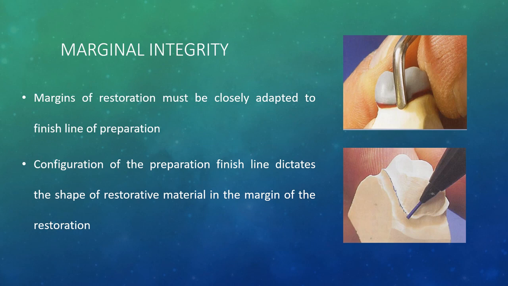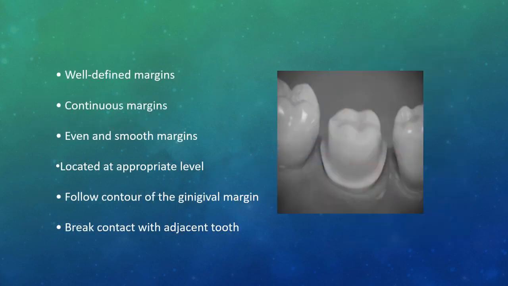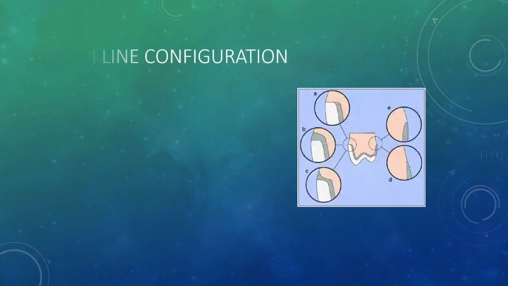So basically, the marginal integrity comes from preparing the finish lines properly and restoring the tooth structure at the right place. So it would be well-defined margins, continuous margins, even and smooth margins located at an appropriate level, guys. Follow the contour of the gingival margin, break contact with the adjacent tooth. So you have to follow all these factors first.